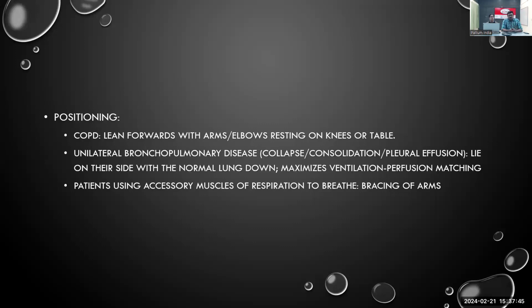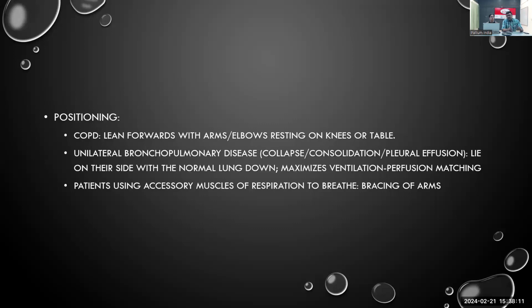Then, in unilateral conditions in which only one side is affected, which can be a bronchopulmonary disease such as a collapse, consolidation due to pneumonia, or a pleural effusion, what we can ask them to do is to lie on the normal side. If I have a disease on the right side, I should lie on my left side. What this does is there is a thing called ventilation perfusion ratio.